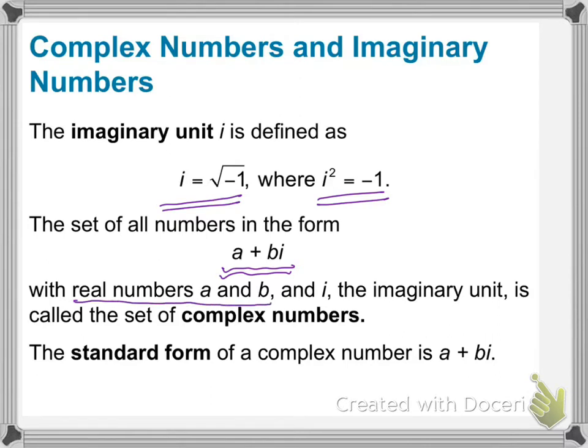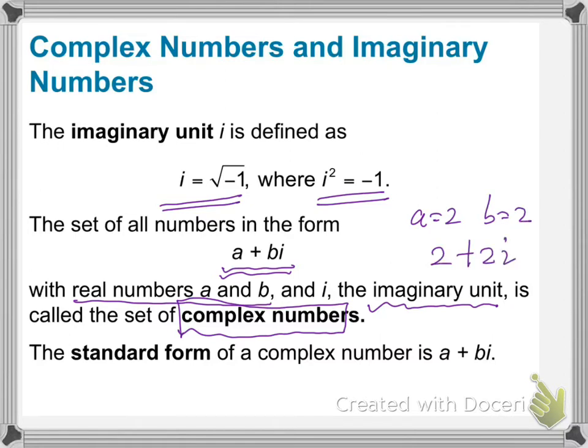i is the imaginary unit. It's not a real number. The whole thing, a plus bi, is called a complex number. For example, if a is 2 and b is 2, then we have 2 plus 2i.